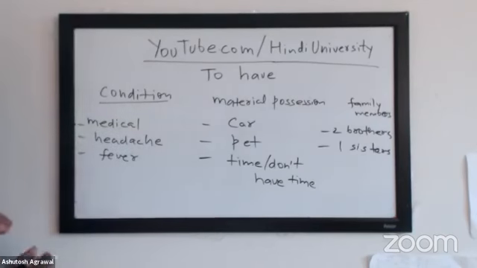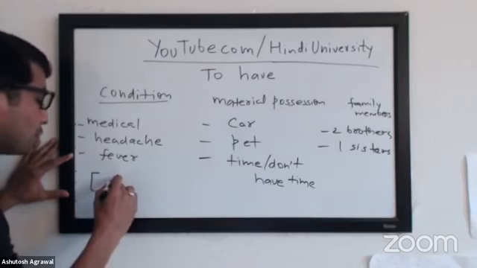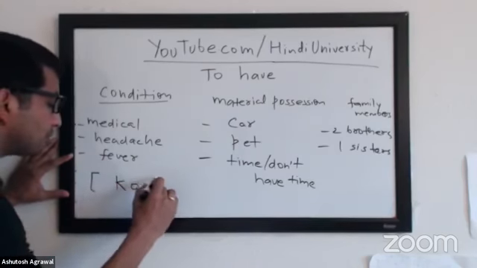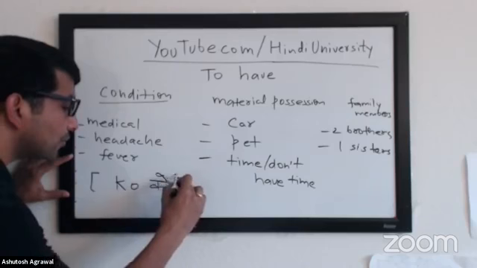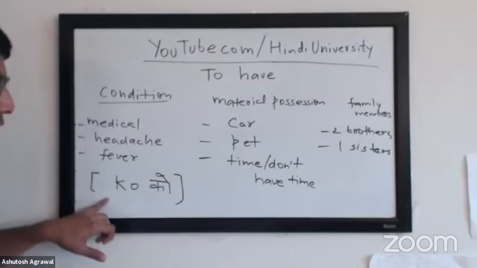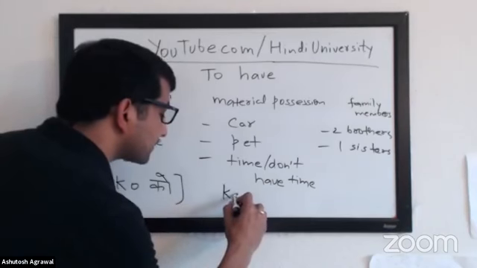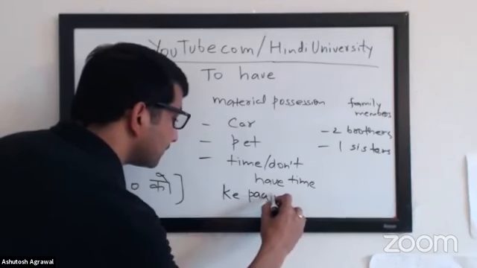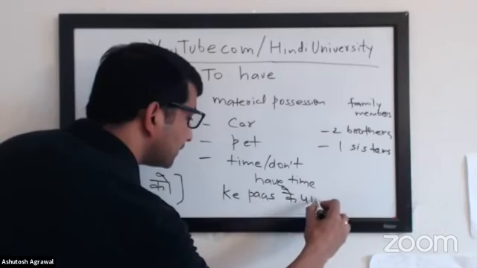Okay. The thing that you have to remember is that in the first one you'll be using the postposition called ko. The way you write it in Devanagari, you have a ka with o. Okay, ko. In the second one, you will say ke pass. You have a ka with a, and you have a pa with a and sa.